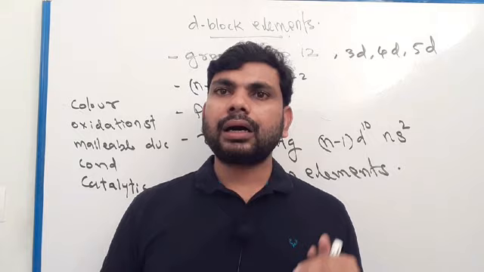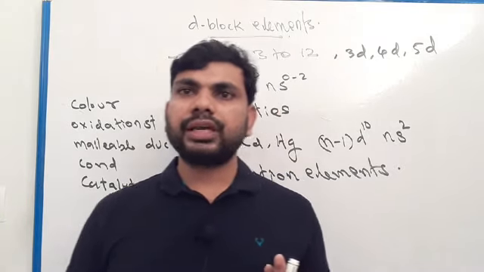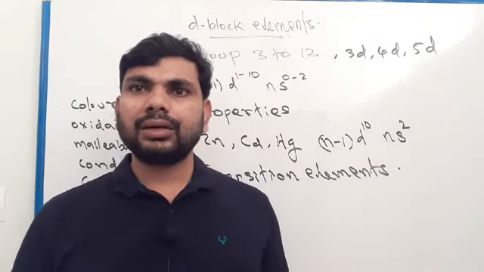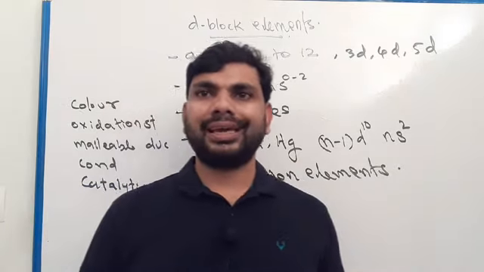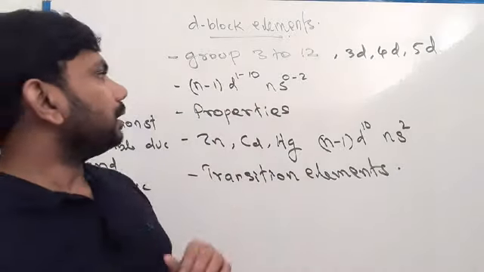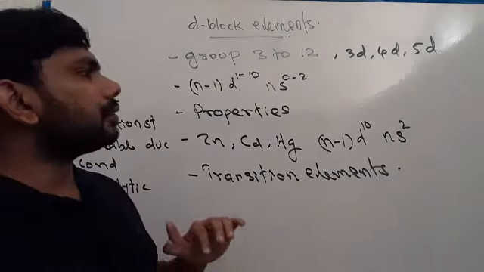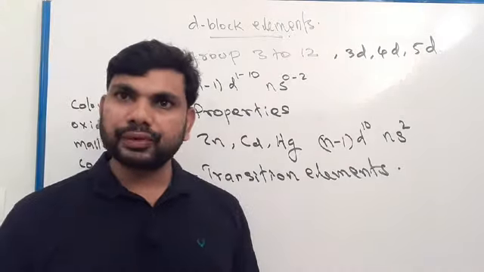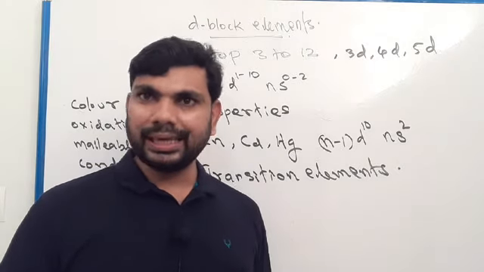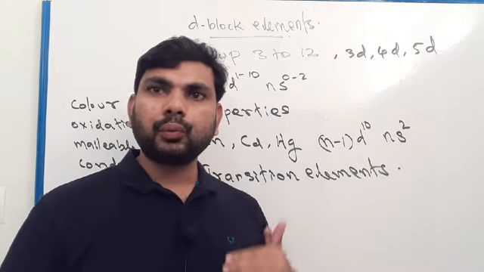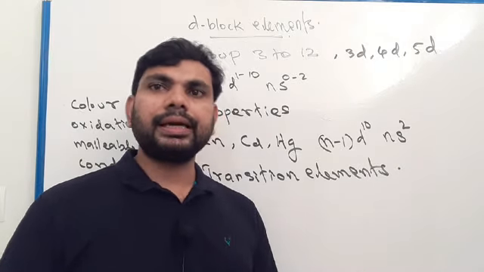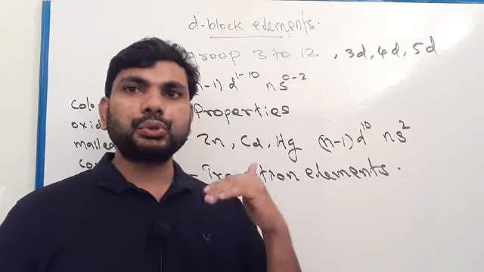They have outer shell electronic configuration (n-1)d^1 to 10 electrons, then ns^1 to 2 electrons.